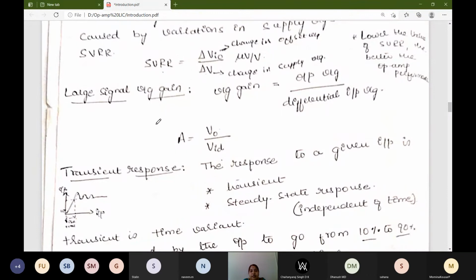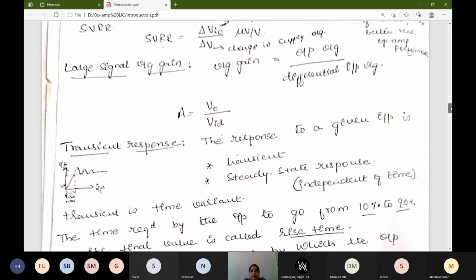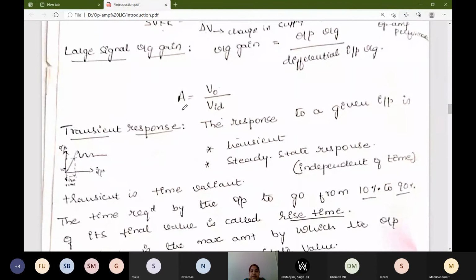Very important. The gain of the op-amp, or of any circuit, depends upon the output and its input. So gain is equal to V0 divided by VID. What is this VID? It is the differential input voltage. Since we have two inputs, it takes the difference between the two. So A is V0 divided by VID.